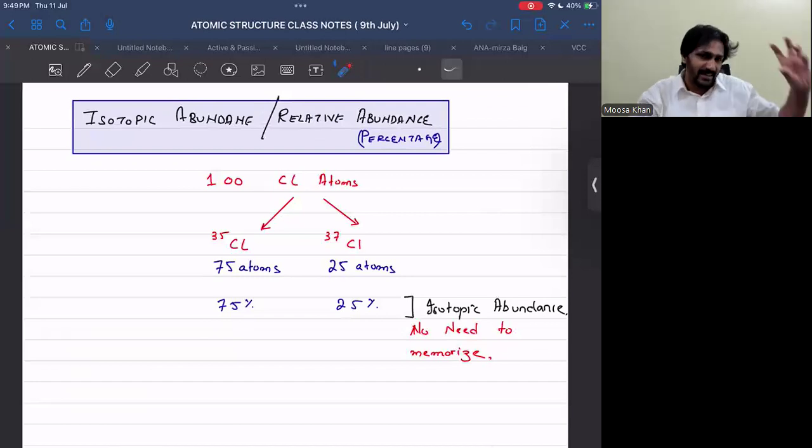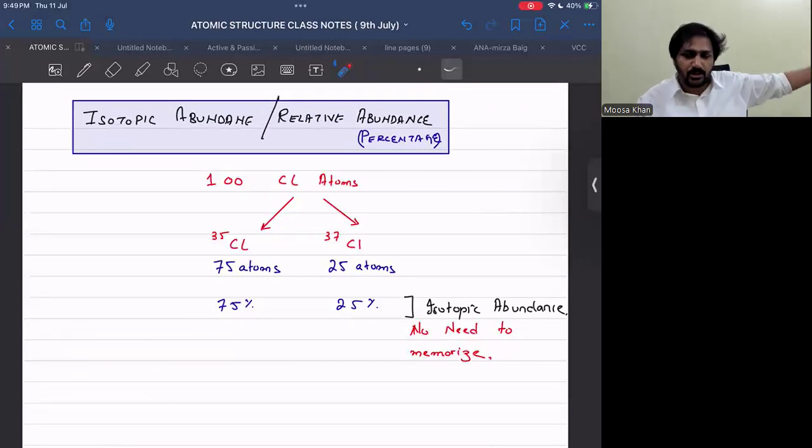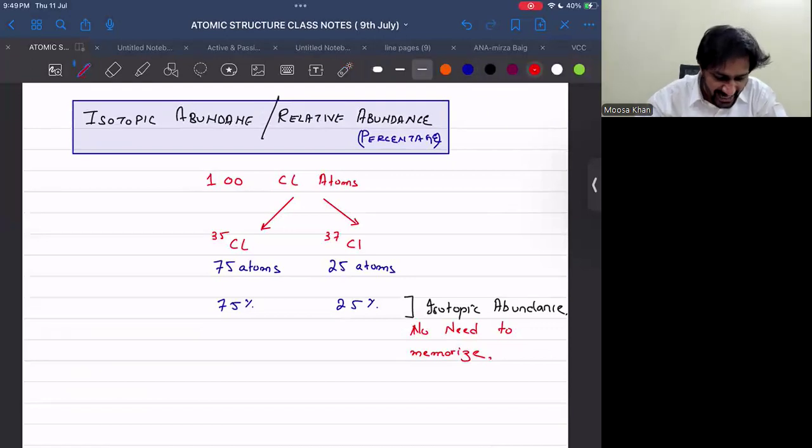We have chlorine 35 isotopes and chlorine 37 isotopes, and we have to represent the mass number of the chlorine atom. So we took the average of 35 and 37. If you recall from your mathematics, how do you calculate the average? You add up these two values and divide by 2.